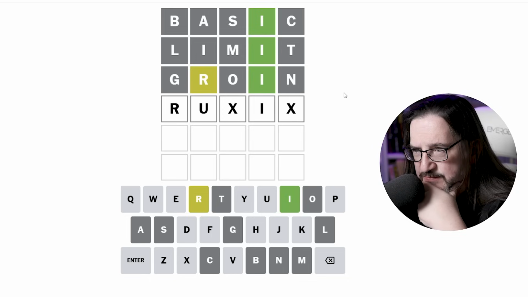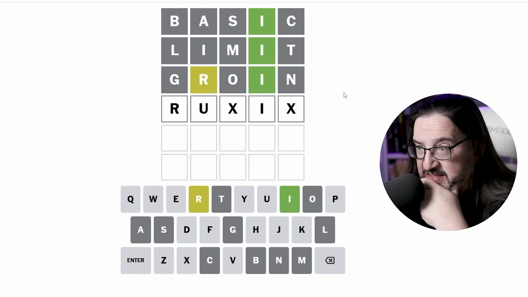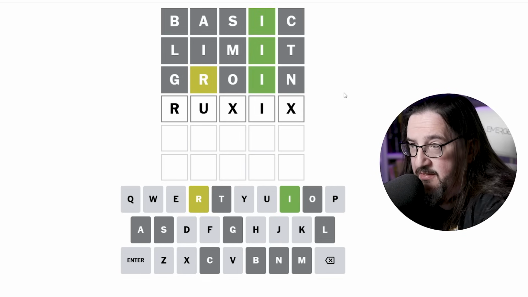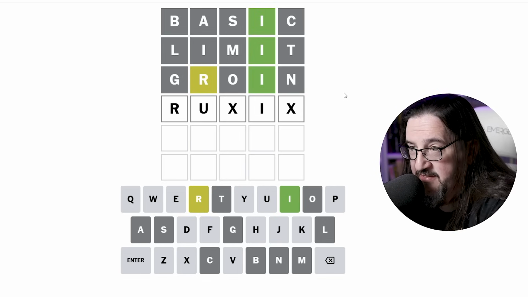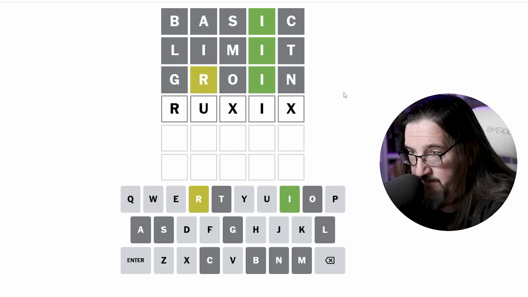This is wild. Could the R be at the end? See, I think the thing that's really important here is that R and the U, we do potentially have the possibility of testing an eval word here. That is possible.